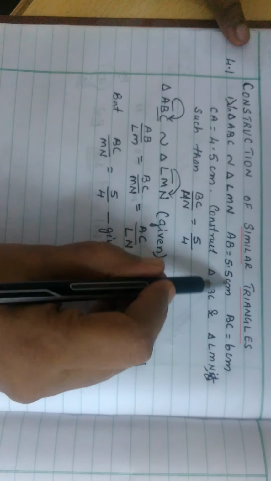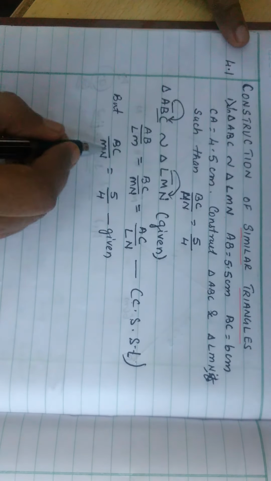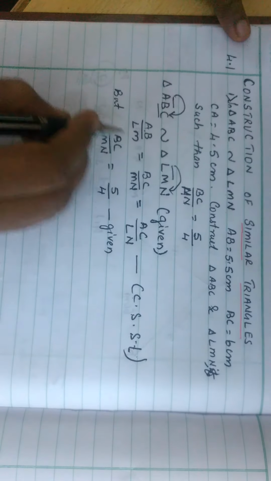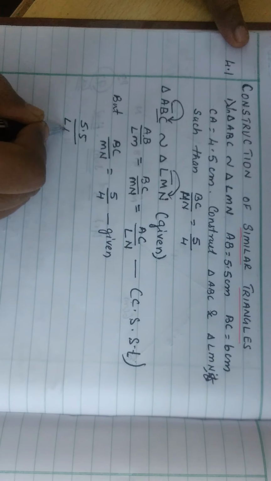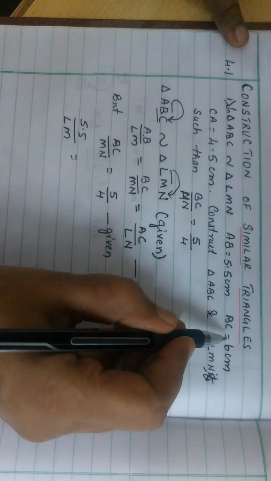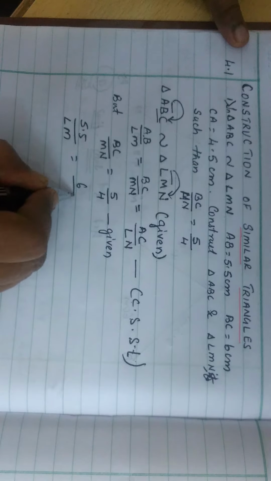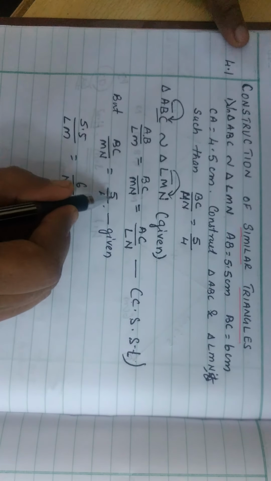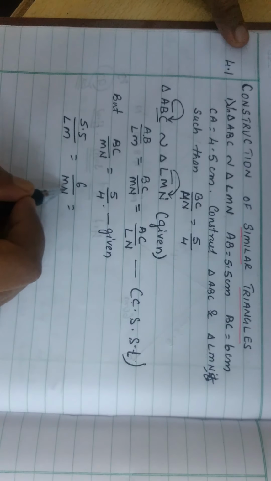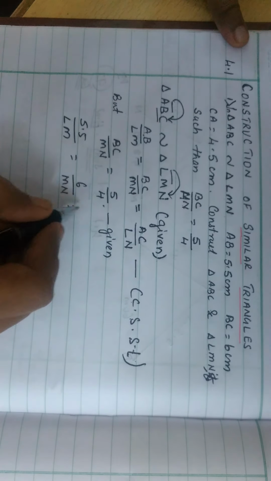What is given in the question paper? That is AB. What is AB? 5.5. 5.5 upon LM, you don't know. What is BC? 6 upon MN, you don't know. This is the ratio given. This one we cannot put here. We have to find out MN separately.